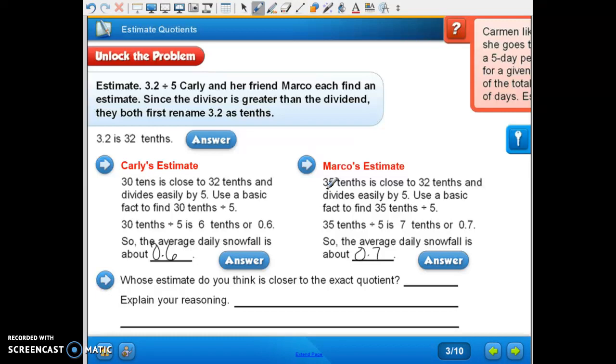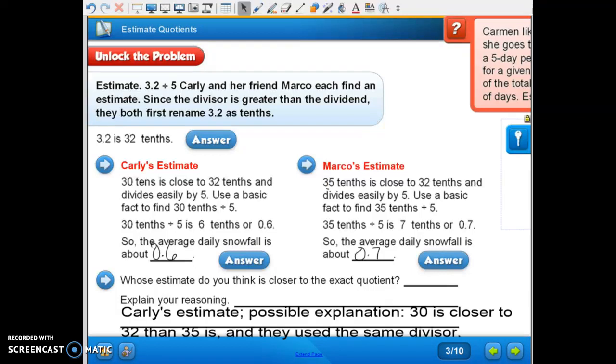Okay, so if we were going to explain our reasoning, we might say Carly's estimate is closer, and our possible explanation would be that 30 is closer to 32 than 35 is, and they use the same divisor. So if you were writing it in math words, that's what it might sound like.